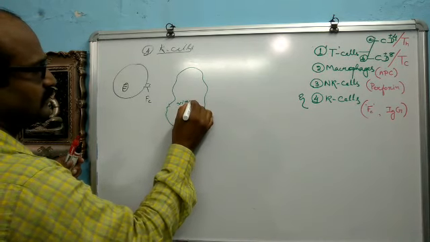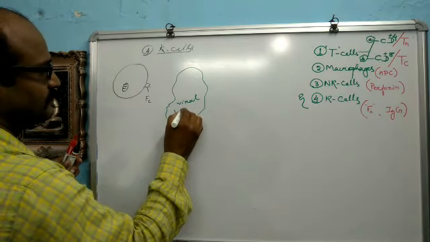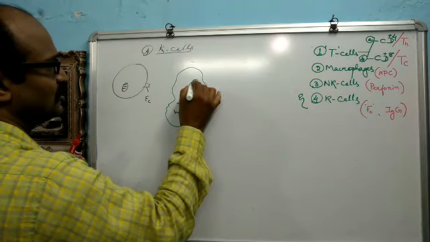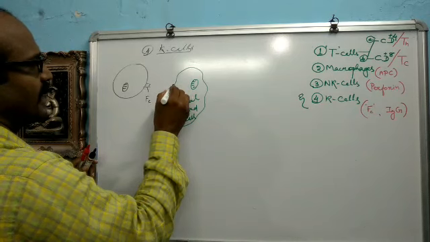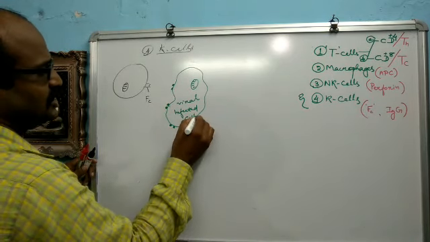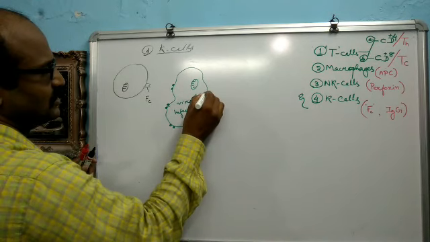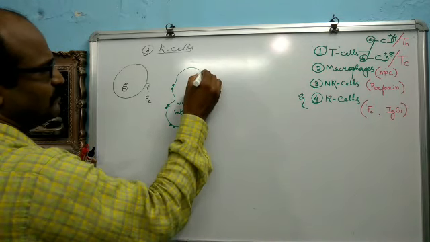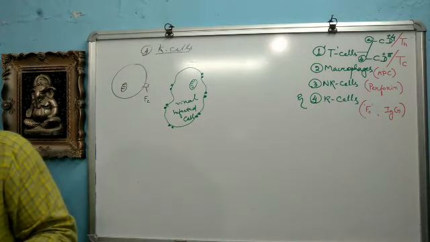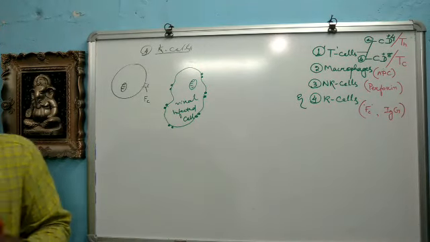This is the viral infected cell. This is the nucleus. And the viral infected cell is distinguished on the basis of the presence of antigen on its surface.